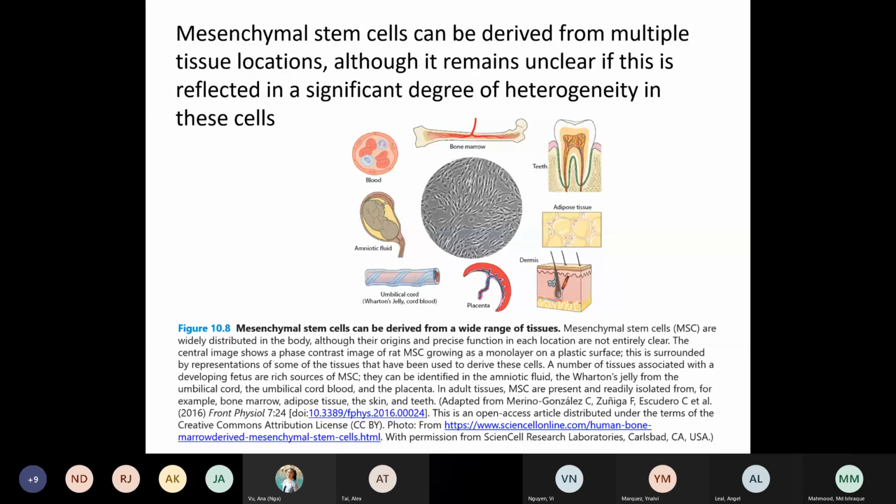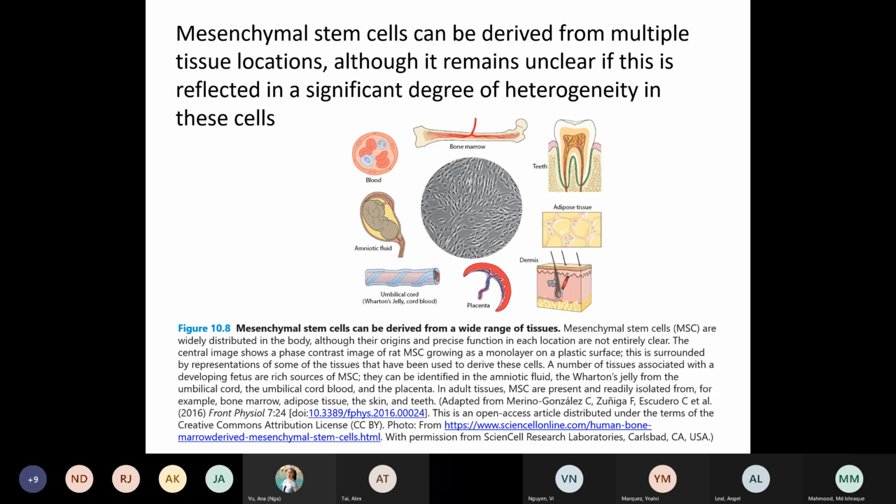Umbilical cord. Within the umbilical cord, you can collect hematopoietic stem cells, but you can also collect mesenchymal stem cells. So that organ, the umbilical cord, is kind of like a bone marrow. Placenta as well, dermis, adipose tissue, and teeth.